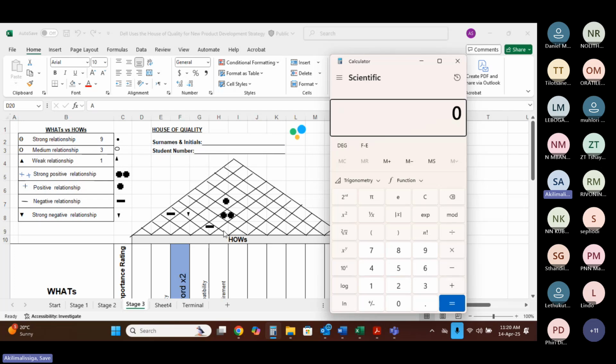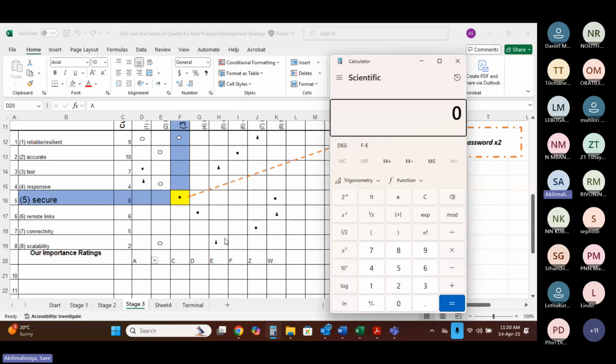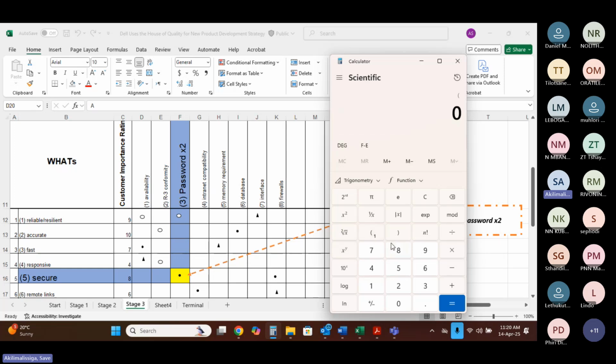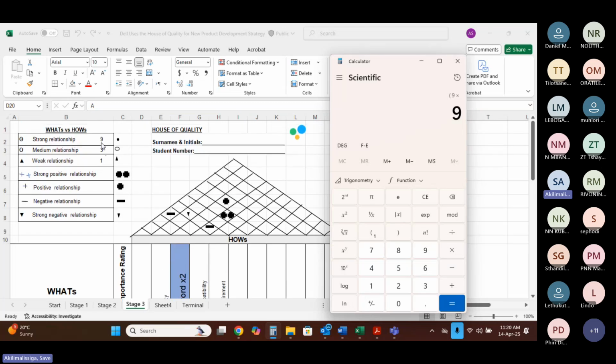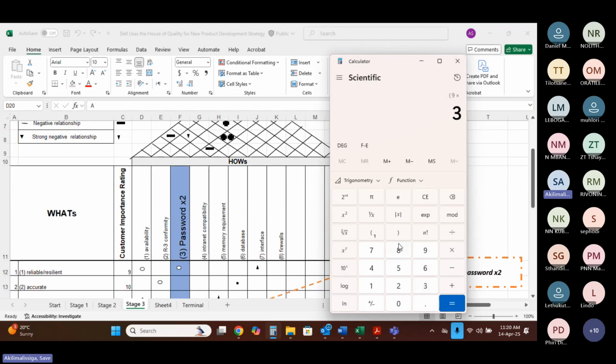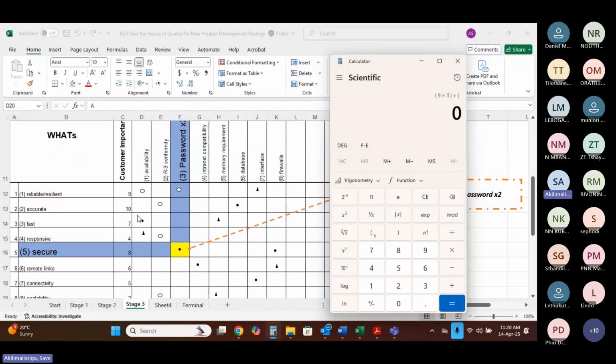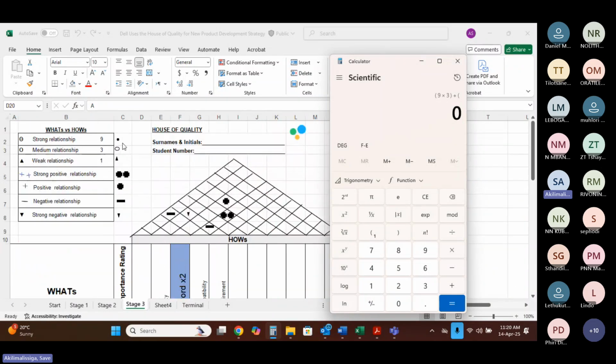So in this case, we're going to have 9 times the medium relationship, which is 3, plus 7 times 9, because here we have the strong relationship symbol.